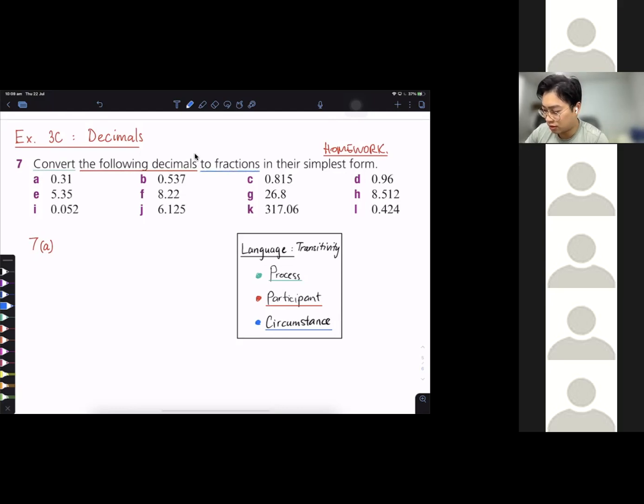Yeah, to fractions. That's correct. In their simplest form is also a circumstance as well. Now, when we actually look at the question itself, is that a process, a participant, or a circumstance? Participant. That's a participant. That's correct, Dion. Fantastic. Okay.